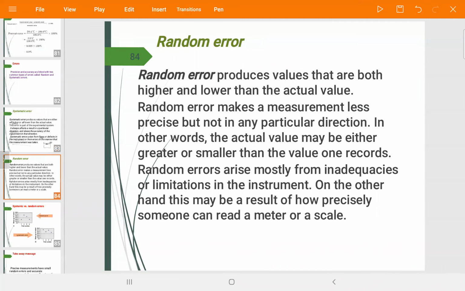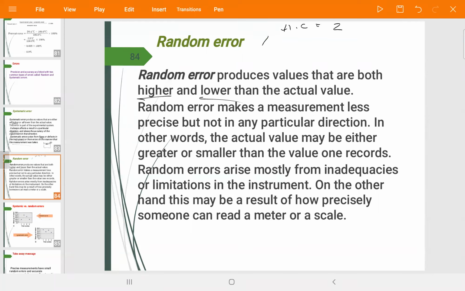The other is random. As you can understand from the word random, the values are both higher and lower. Let's take an example. Let us assume that the accepted value is 2.